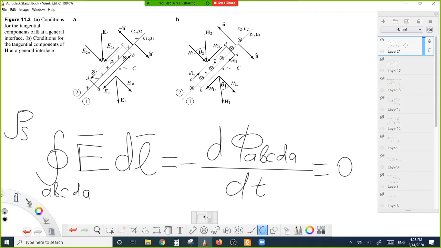So we can note the following. The total flux phi.